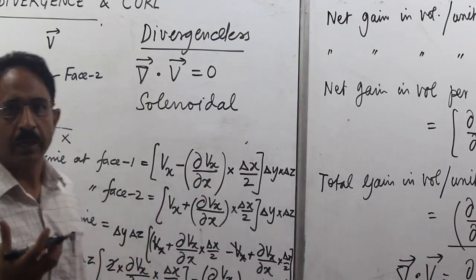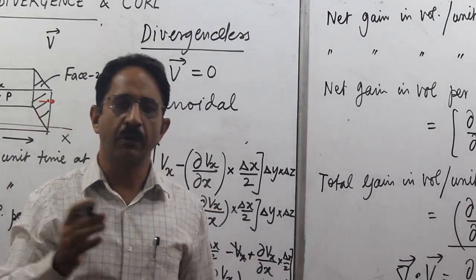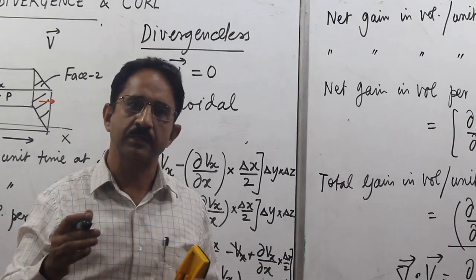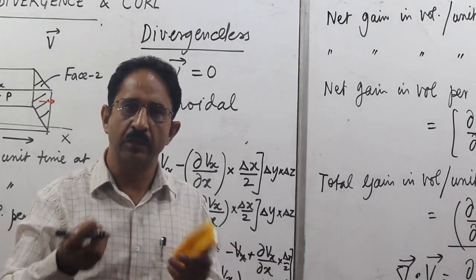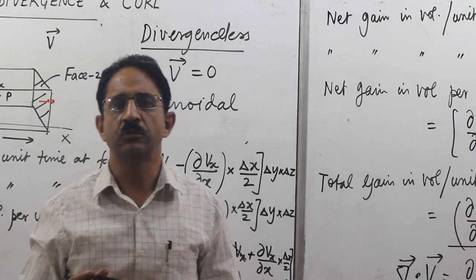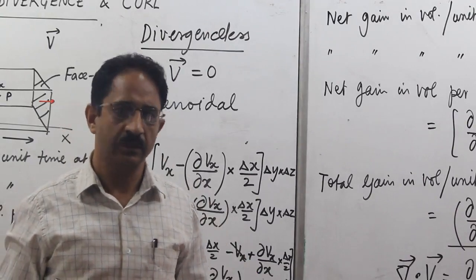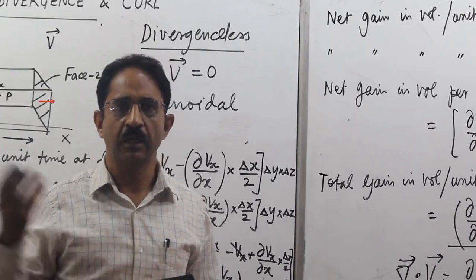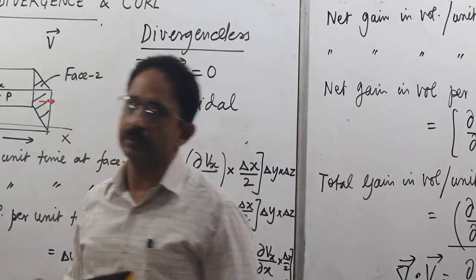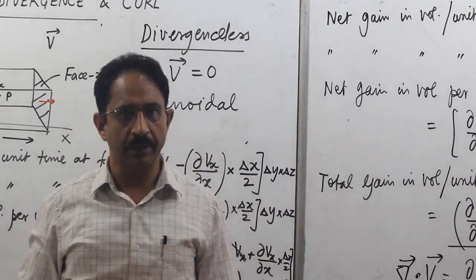Now what solenoidal actually is: in case of a solenoid, if we see the magnetic flux entering and the magnetic flux leaving, they are equal. So there is no gain, there is no loss, so it becomes a solenoidal or a divergence-less region. So this is the physical significance of divergence, and you have seen how you operate with the del operator to find divergence.